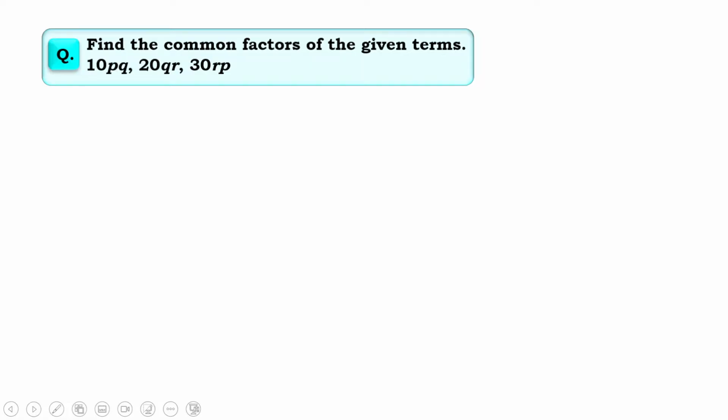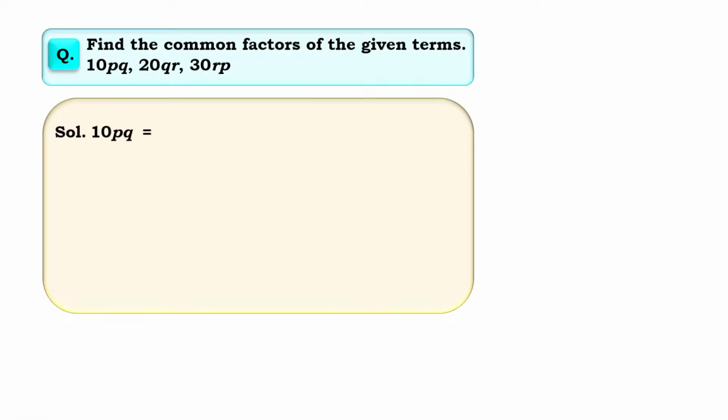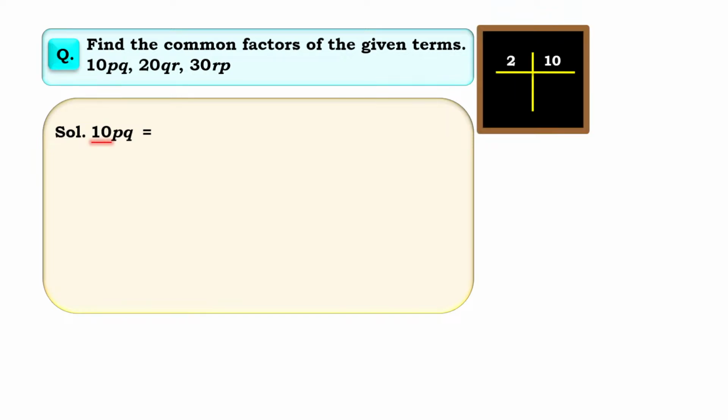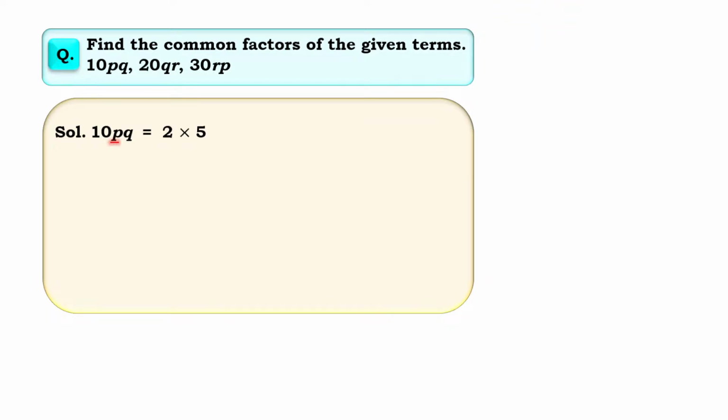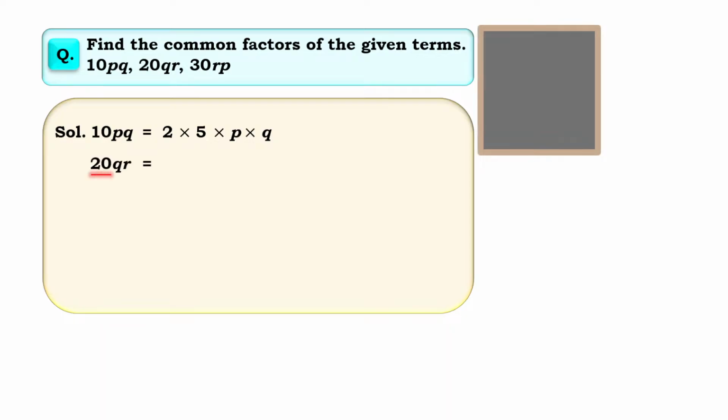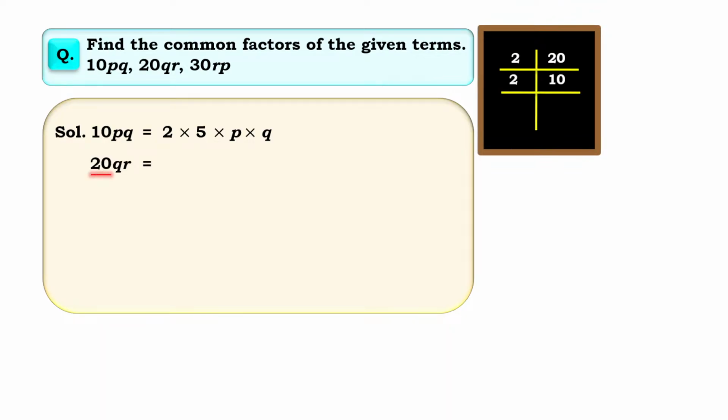What about the common factors for the given terms? 10pq. How to write 10pq? 2 5s are 10 and 5 1s are 5. So the factors for 10 are 2 into 5, and p and q. Next 20qr. What about the factors for 20? 2 10s are 20, 2 5s are 10, 5 1s are 5.